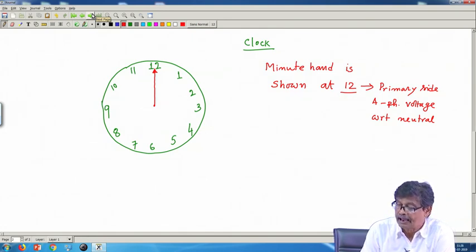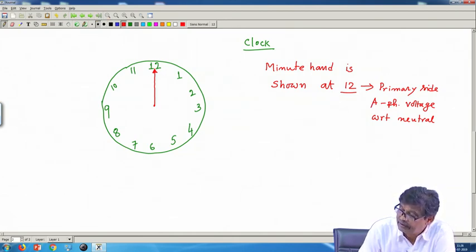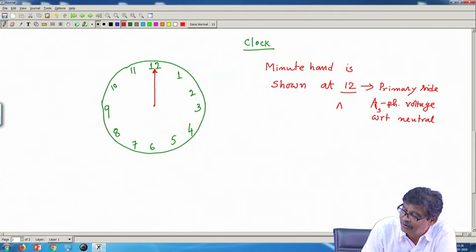Okay. And secondary voltage, once again, this is suppose AS, A1 or AS, either of them with respect to neutral.